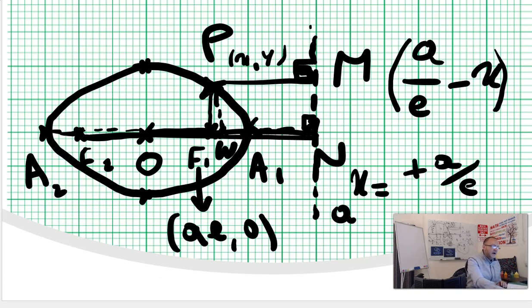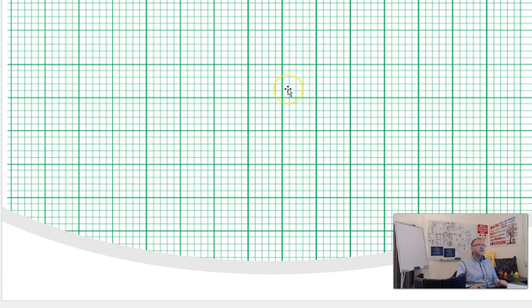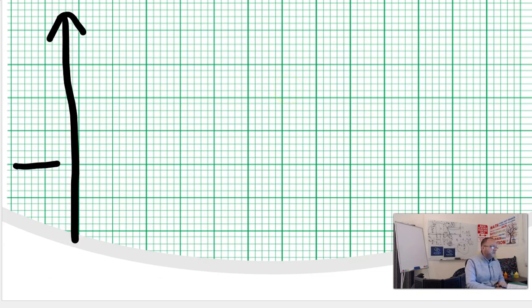Now, I want to do one more thing, and I'm going to stop after that. I'm going to do the same thing in the vertical direction. What does that mean? Here, let's move to a blank page. If we have something like that, it's absolutely the same thing.